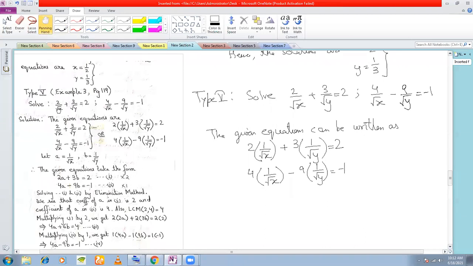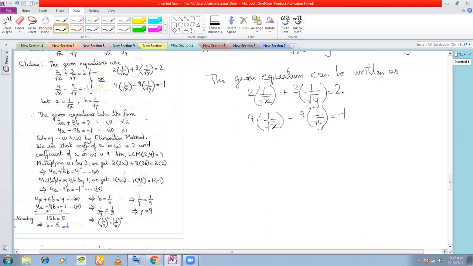Now you proceed exactly as we have done earlier. In the earlier part, what we did was we say let a is equal to 1 by root x, and we say b is equal to 1 by root y.